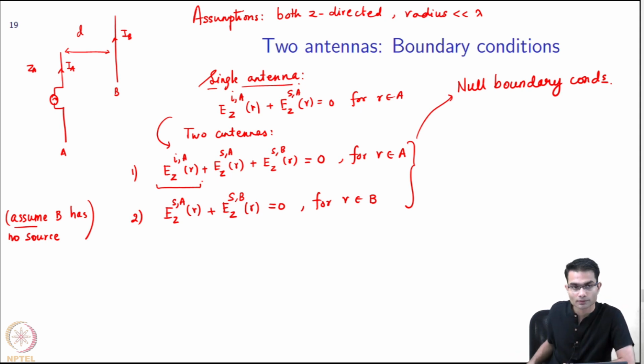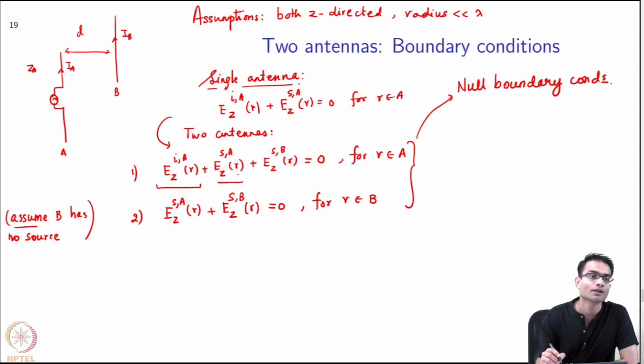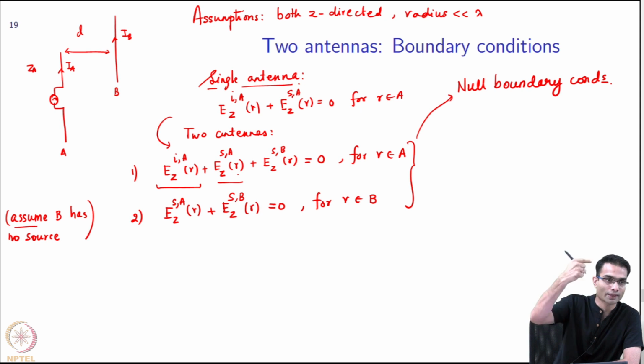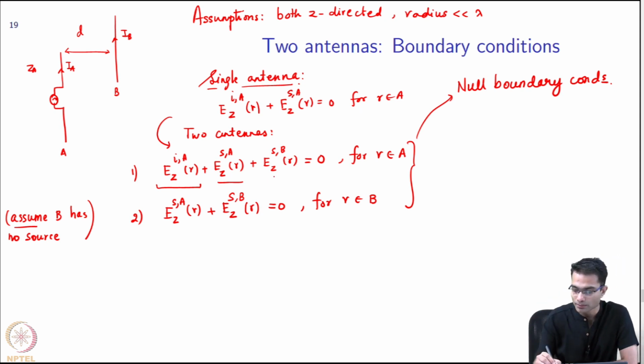So, I have some voltage source in A which is generating a field, and that is the first term. The second term is the field due to the current flowing in the antenna itself, and the third term is the field due to the current in antenna B, right.